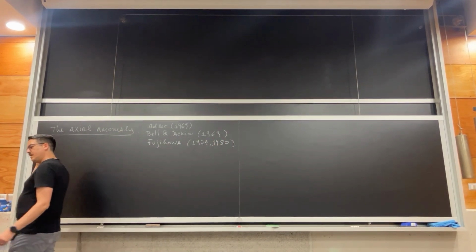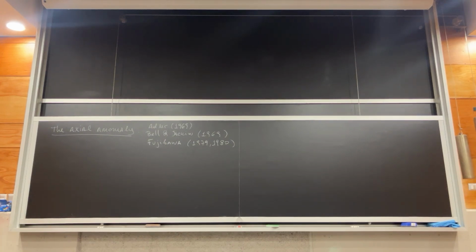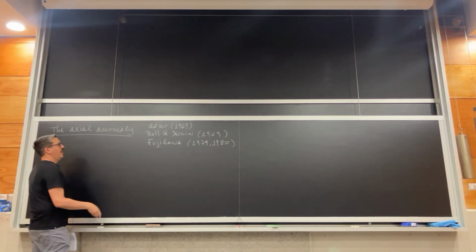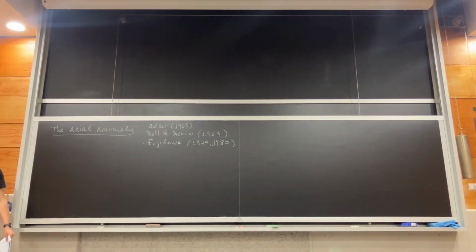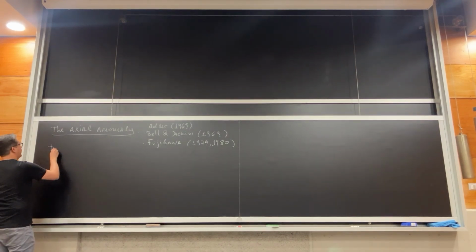Okay? And I will focus mainly on the computation of Fujikawa. So let us write the Dirac action.